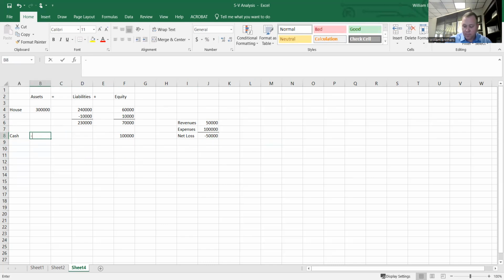But anyway, I'm decreasing cash, decreasing equity. So my total assets are now 250 and 250. Again, this is kind of an unrealistic example, but it does show you the effect.